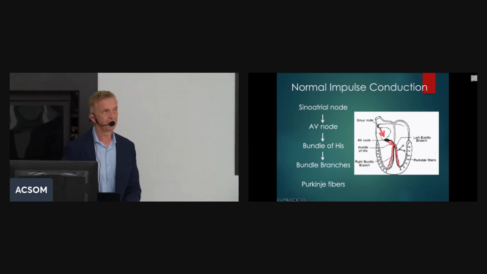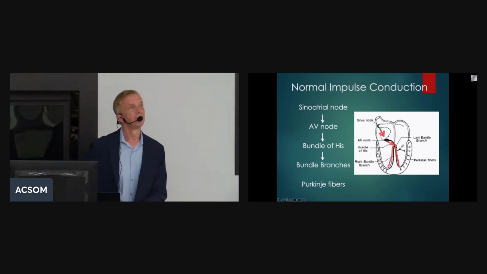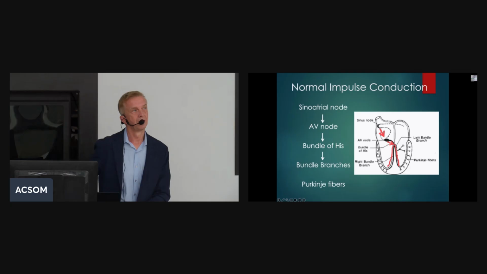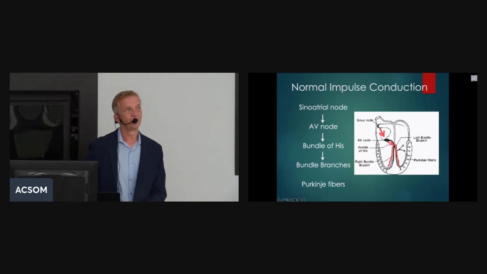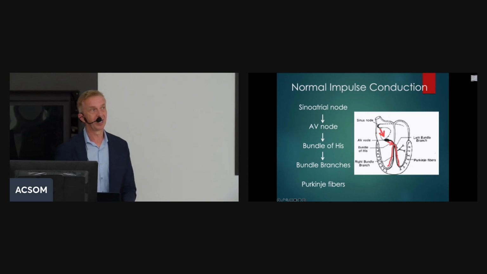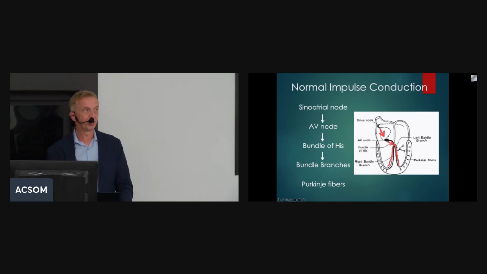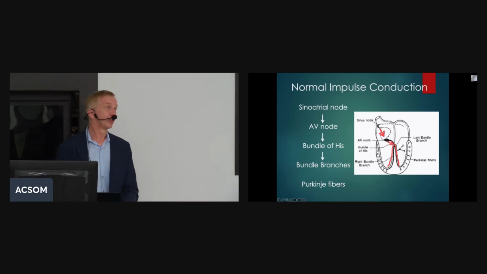And what was the question on the left side? Why do we have two, anterior and posterior fascicular? I didn't understand the question. So yes, on the left side there is a thicker myocardium, and the question was what?